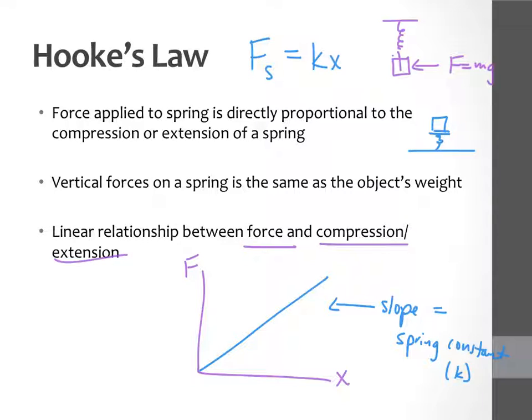So the steeper the slope, the stiffer the spring, the higher the spring constant, whereas a gradual slope stands for looser springs, smaller k constants. And it's a linear relationship. That means they go up at the same rate.